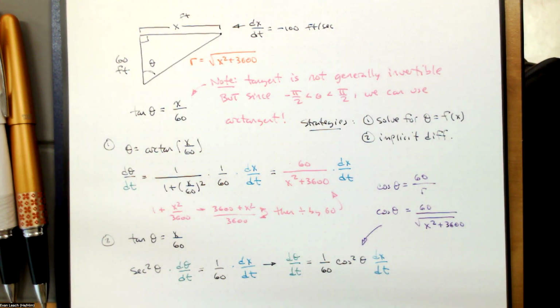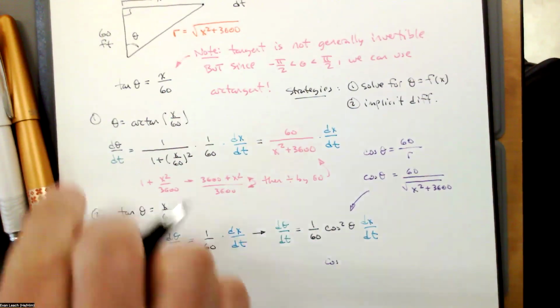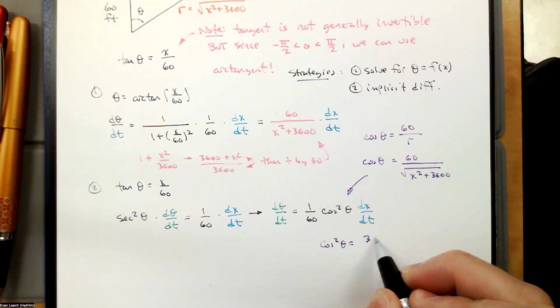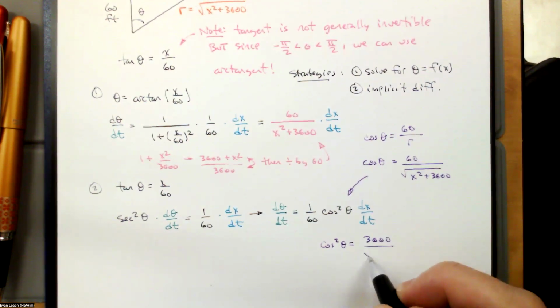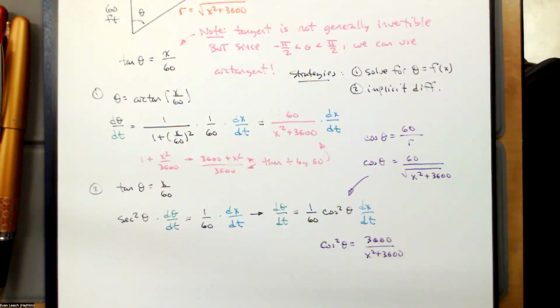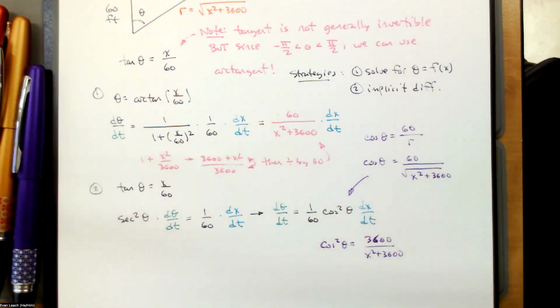If we then take that 60 over the square root of x squared plus 3600 and then square it, we get 3600 over x squared plus 3600.